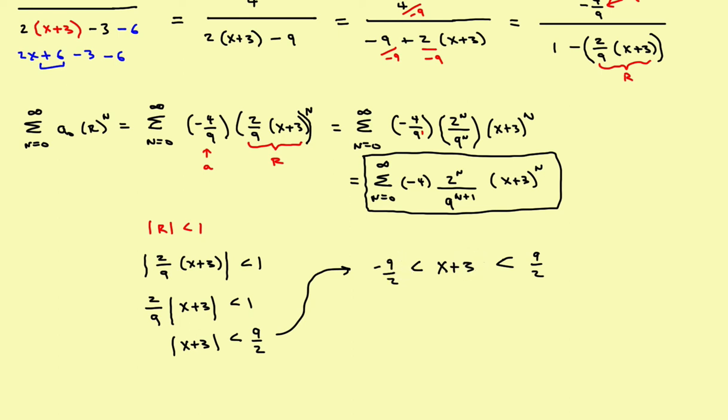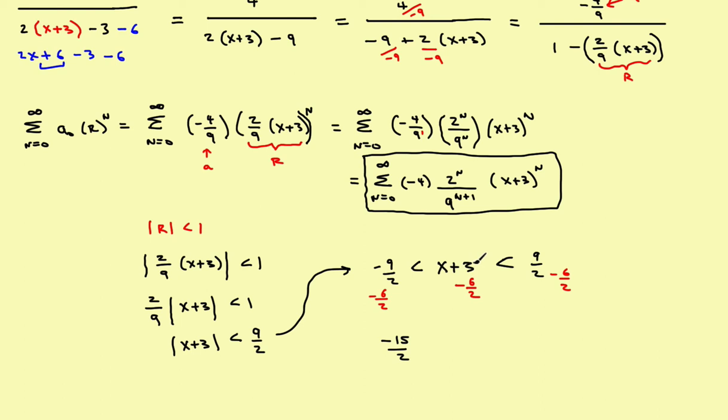Now, finally, you'll need to subtract 3 from both parts here. So what I think I'll do, rather than subtracting 3, I'm going to subtract 6 halves, which would be 3. Then I'll subtract 6 halves over here. Then I'll subtract 6 halves here. So I'll subtract 6 halves from each part. Now, when you do that, the 9 and the 6 is actually going to give you minus 15 halves.